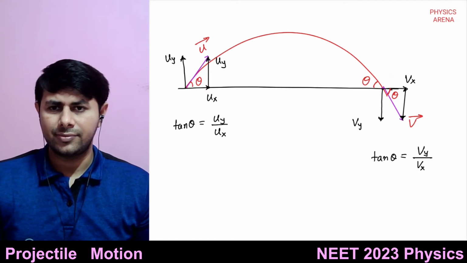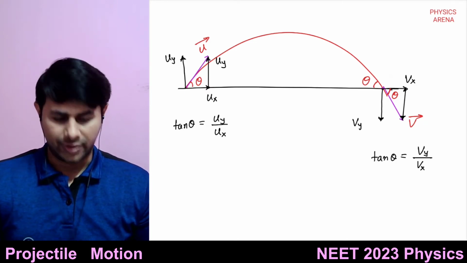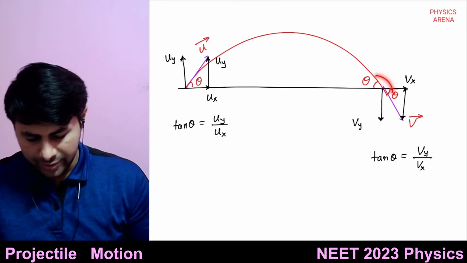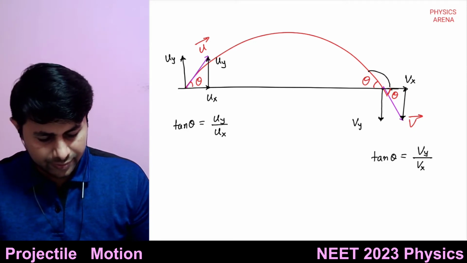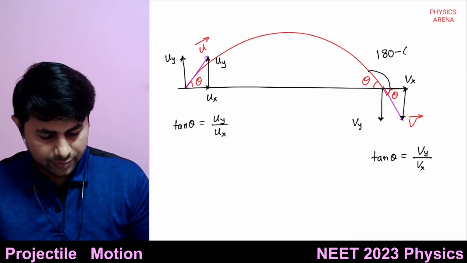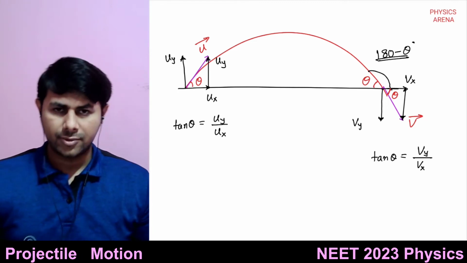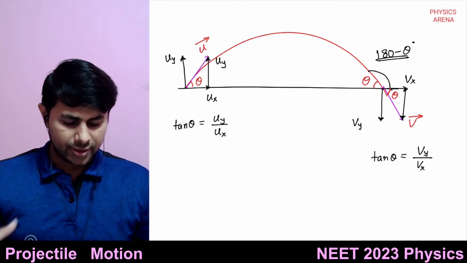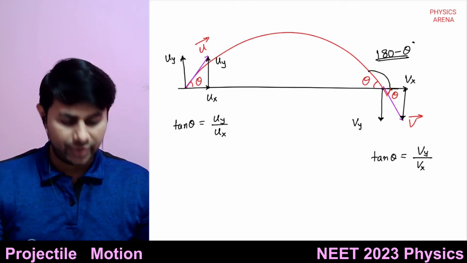Clear? Okay, good. So this angle would be 180 minus theta. We are consistently measuring the angle with the positive x direction.